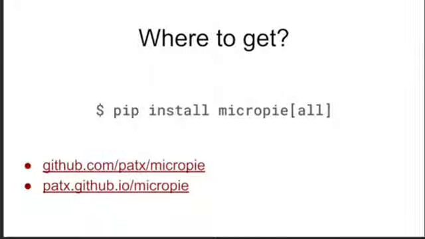If you notice that it's not doing a good job, please go to the GitHub page. You can see the link right here, github.com/patx/micropie, and file an issue report. I'm pretty good at answering issue reports, or at least I try to be within 12 hours. I'll get back to you at least with a response, and then we can start debugging and fixing things.